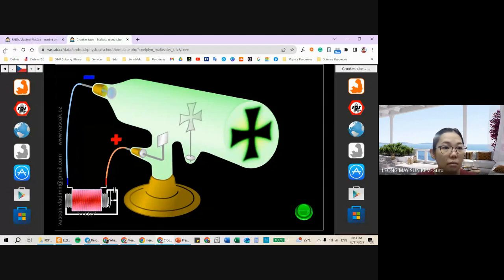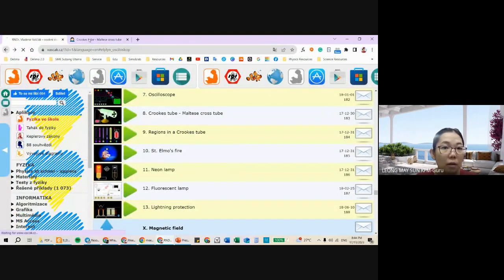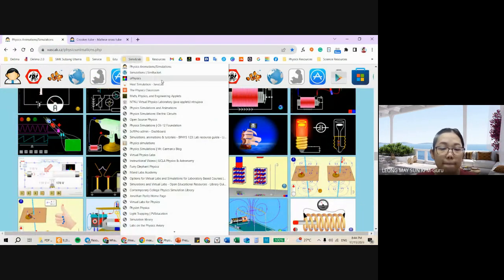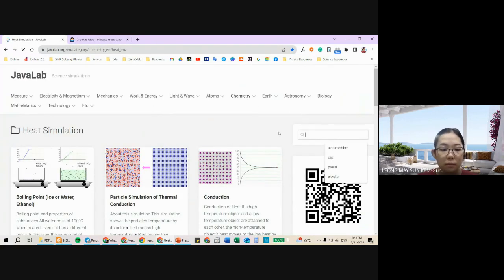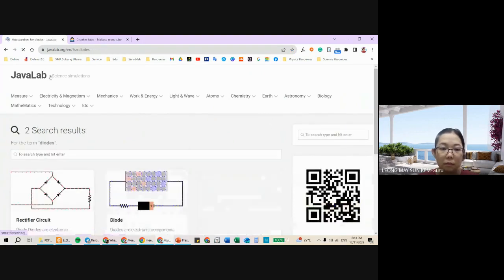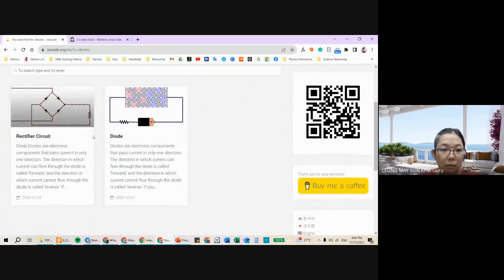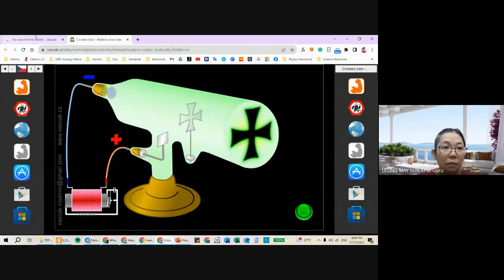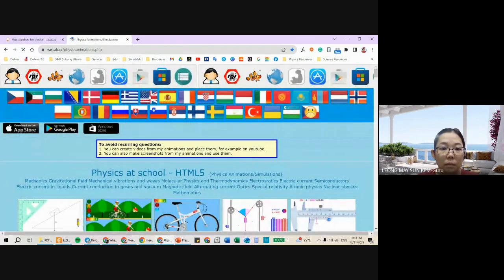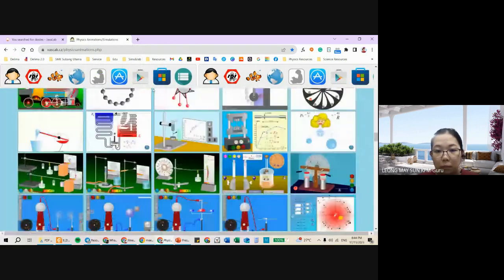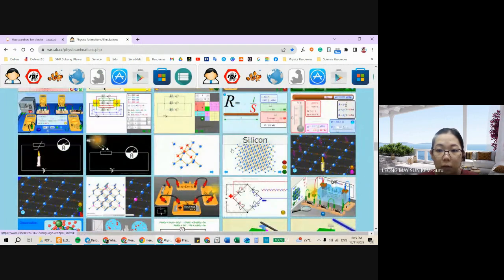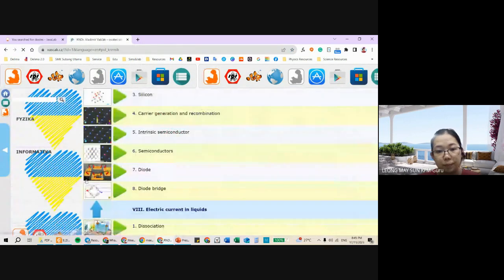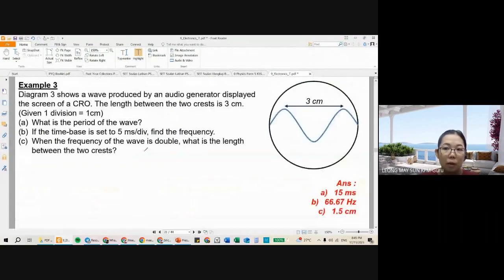Let me get my simulation out as well. Where is my pure diode? Silicon, yes. Okay, while they open up.